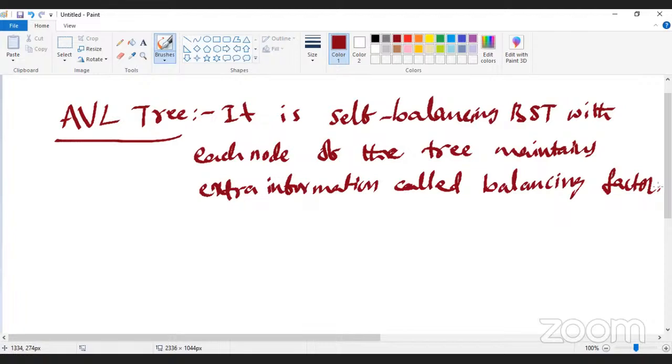And the balancing factor can be computed at any node. There is an important property of this AVL tree: the balancing factor of every node should be in the range of -1 to +1.